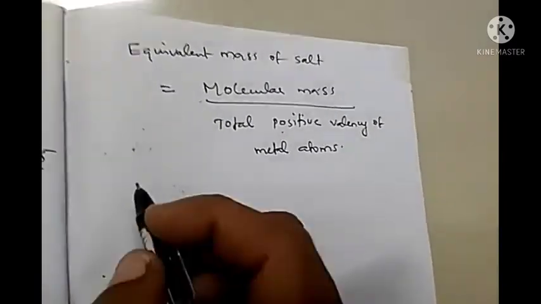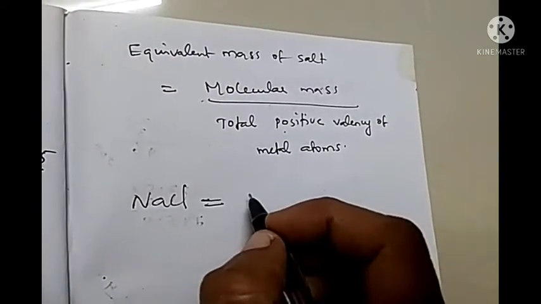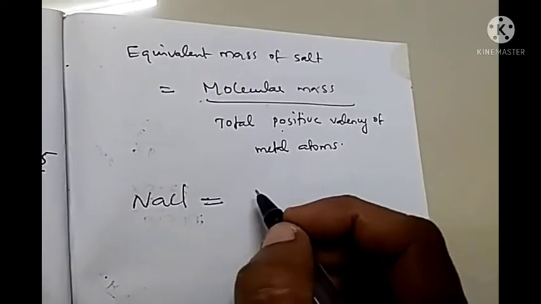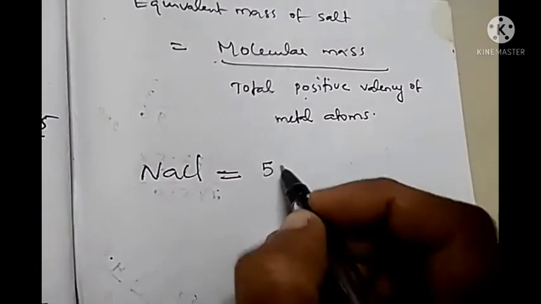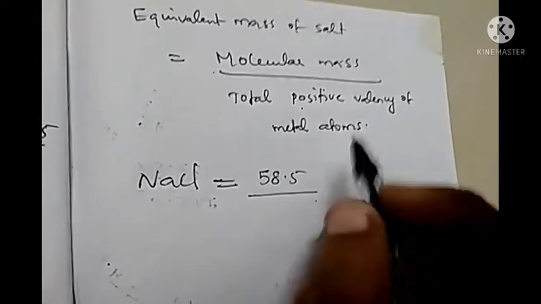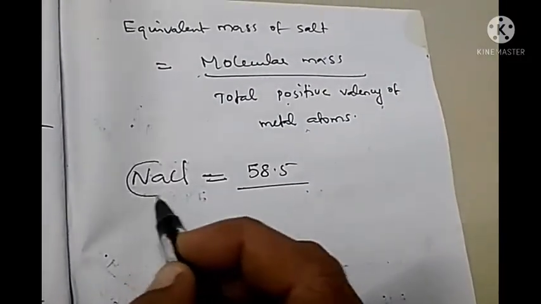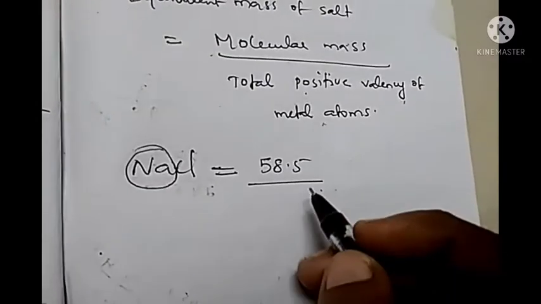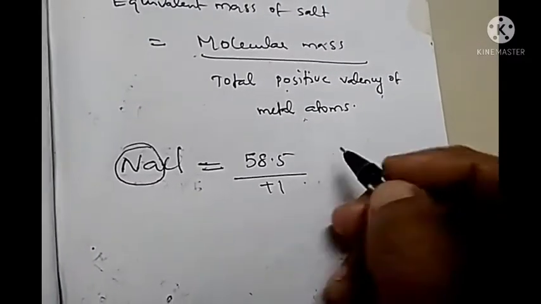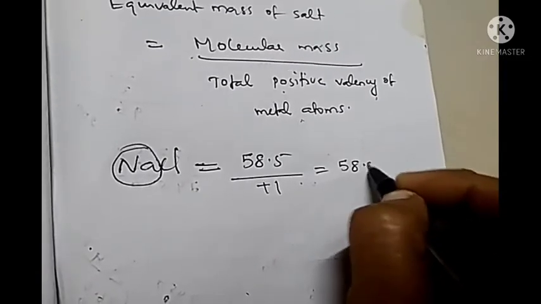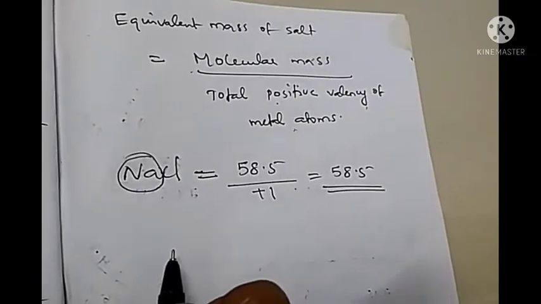For example, NaCl is a salt, so its equivalent mass will be equal to its molecular mass, that is 58.5, divided by total positive valence of the metal atom. Here the metal atom is sodium, and what is its valency? +1. So that is equal to 58.5 itself. This is the equivalent mass of the salt sodium chloride.